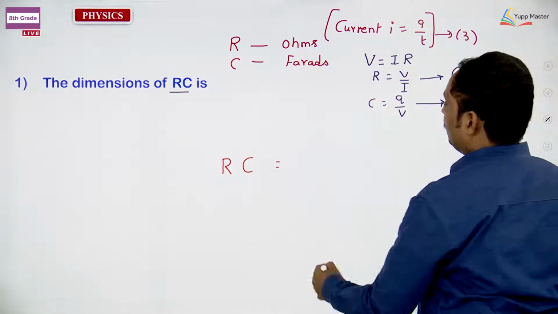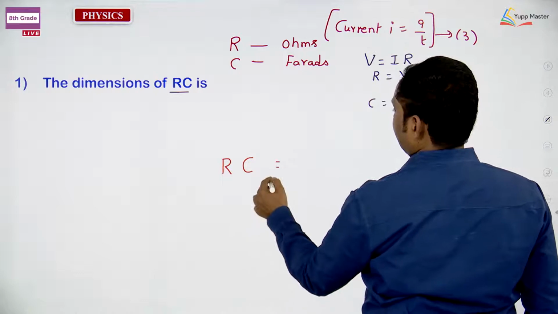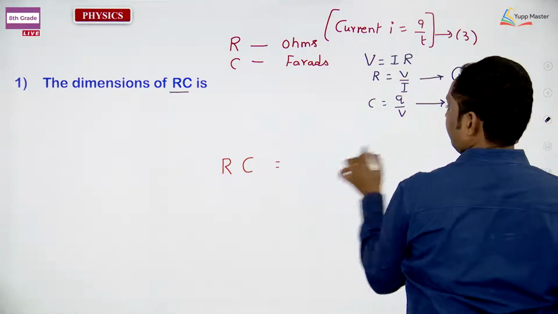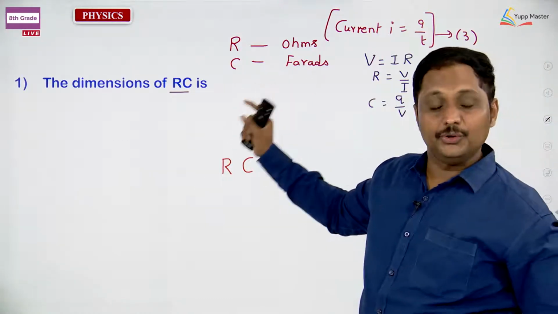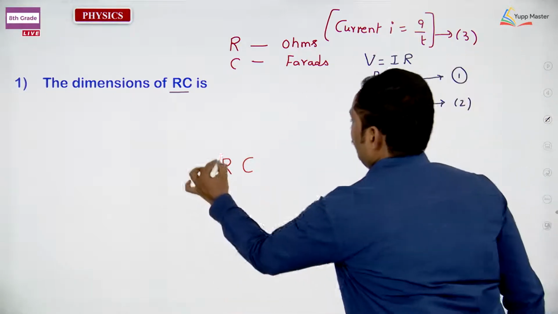Now you have to take this relation, R into C. Just substitute this one. While taking the dimensions of RC, you know what R is and what C is. It is very, very important.